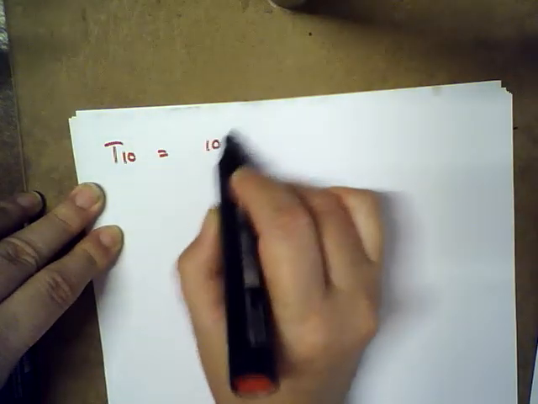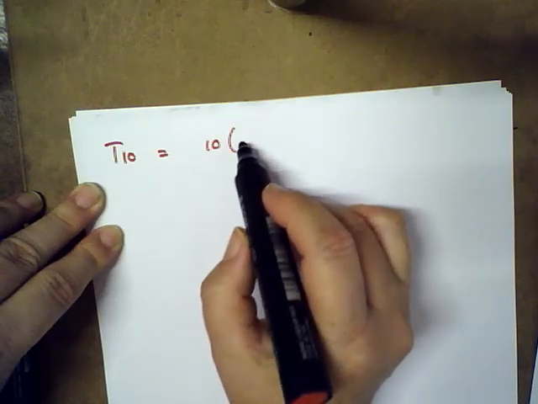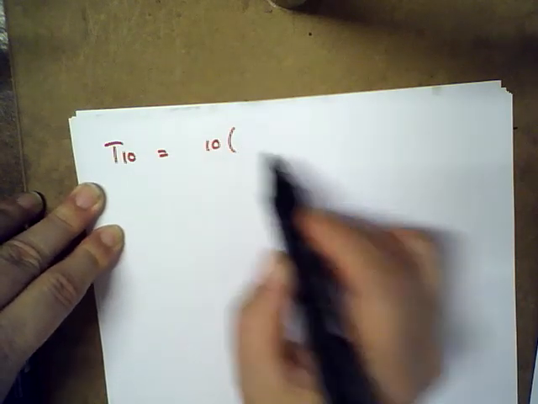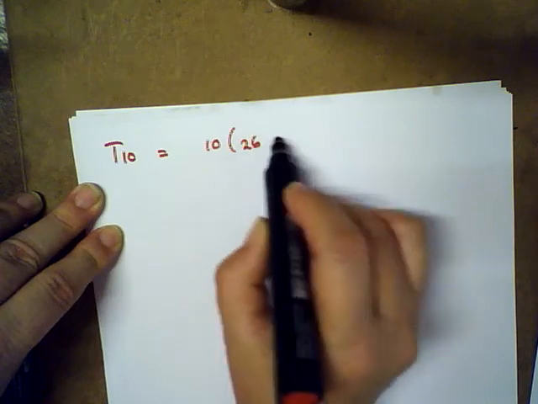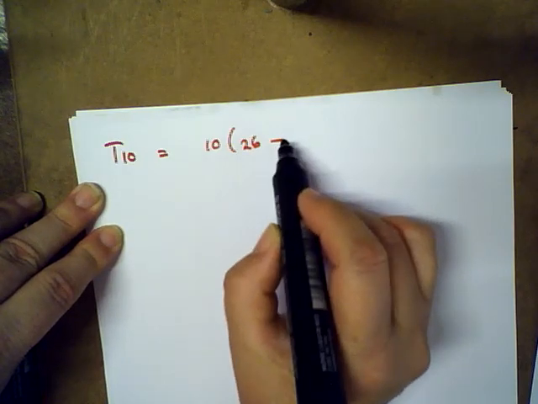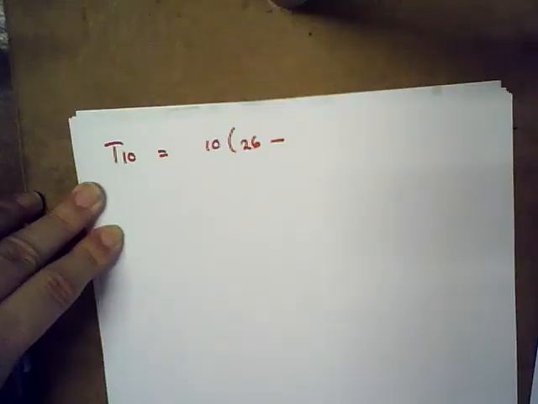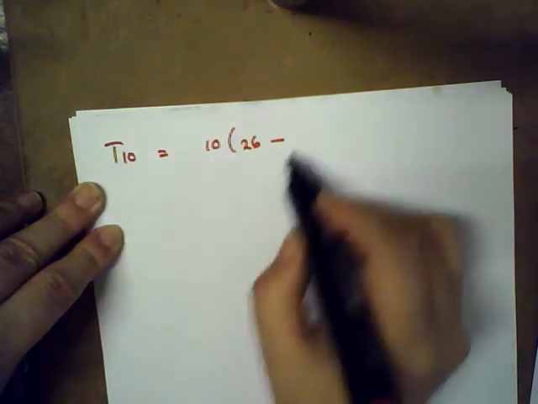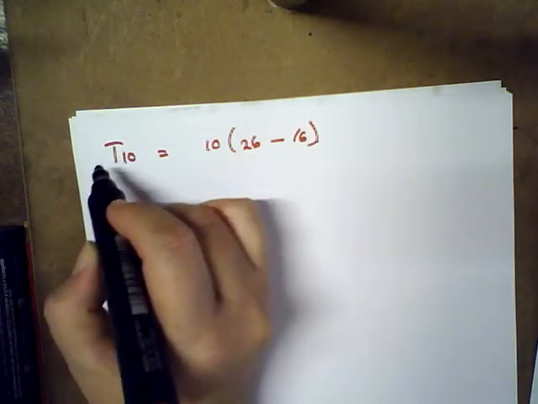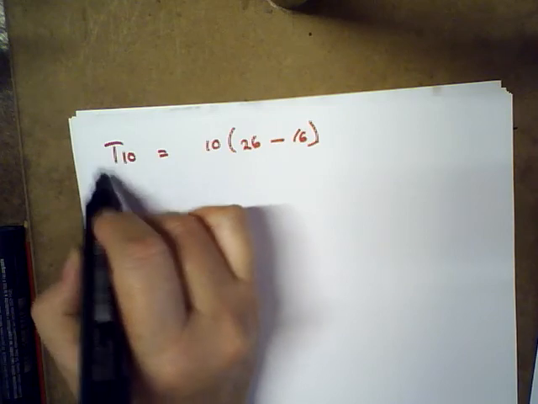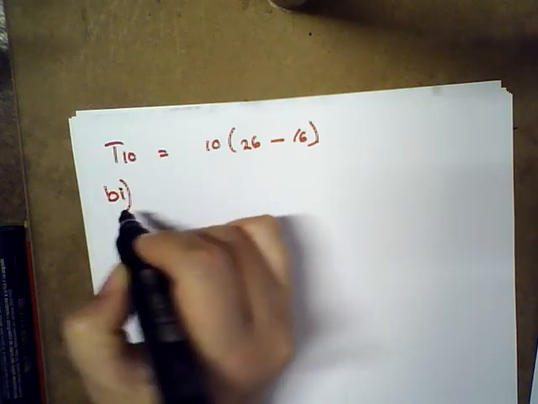Okay, so the 10th term of the first sequence we found was 10. The 10th term of the third we had as 26. And the 10th term of the second we found was 16. Okay, and that was B1 done.